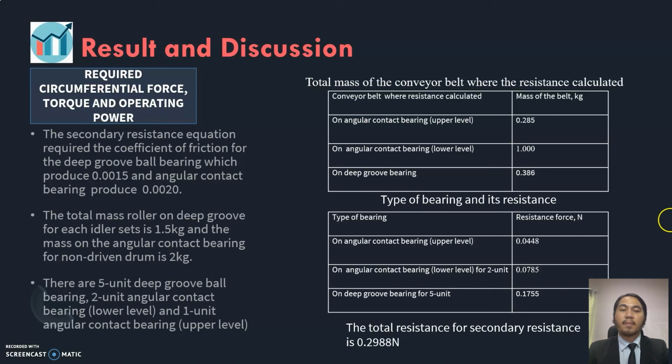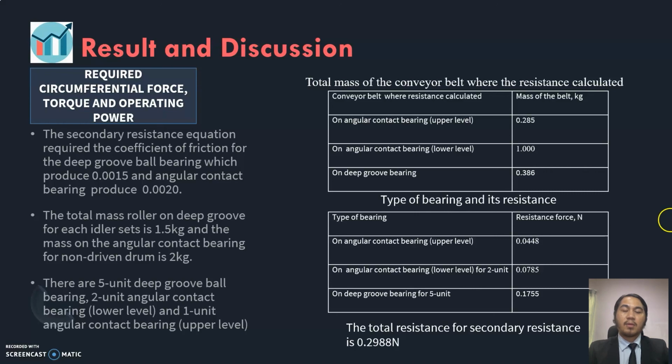The total mass of the conveyor belt for each bearing and its resistance have been calculated and filled in the table.